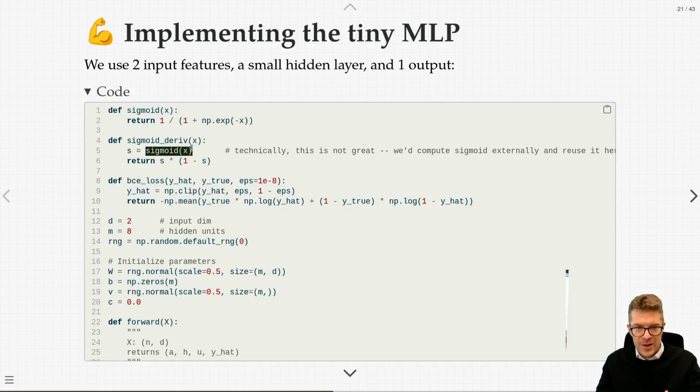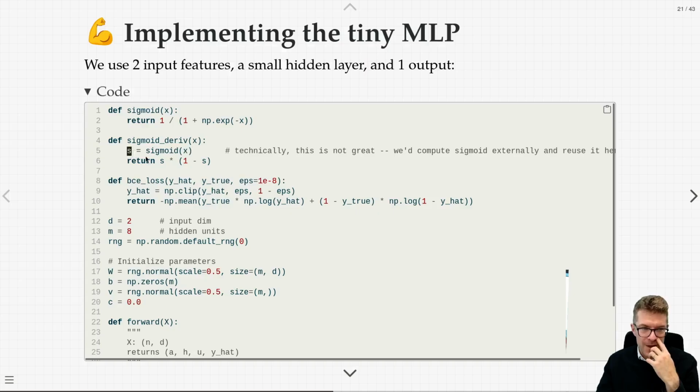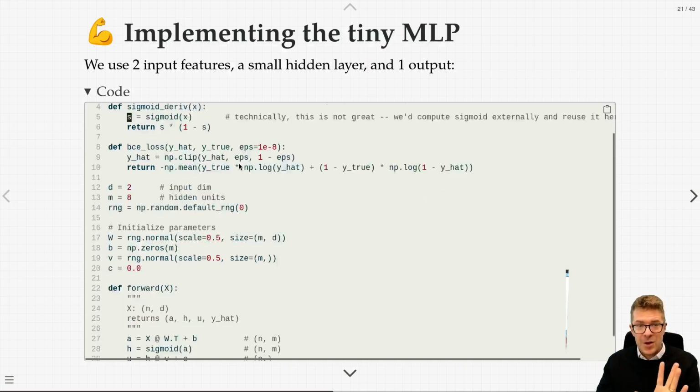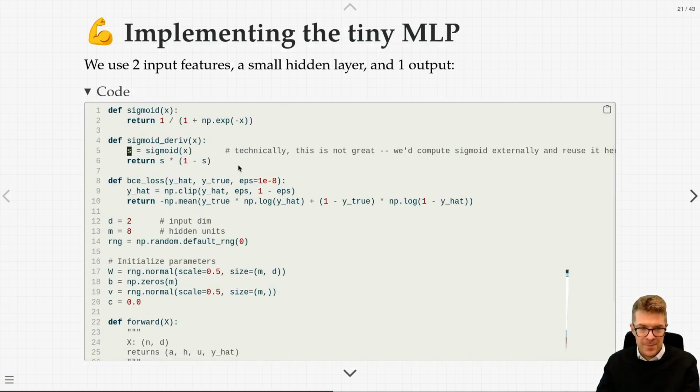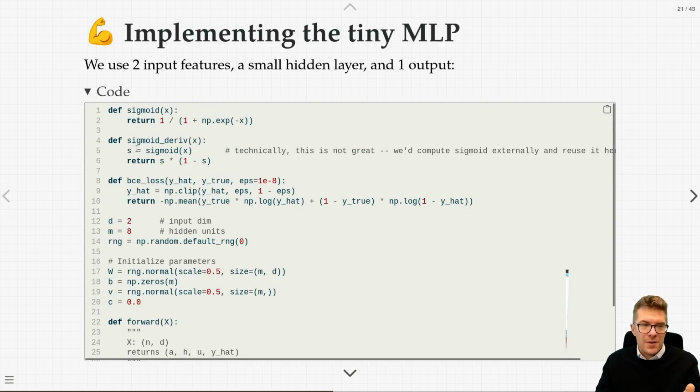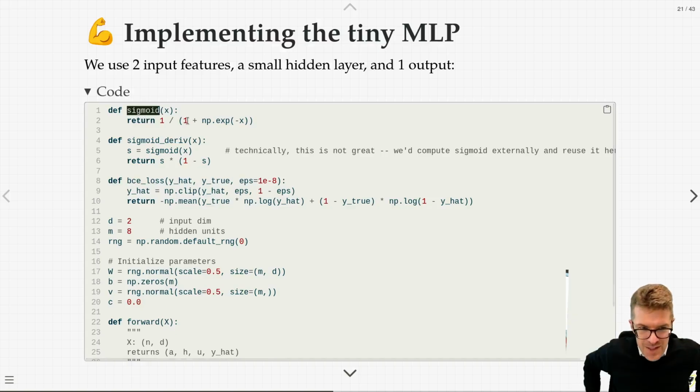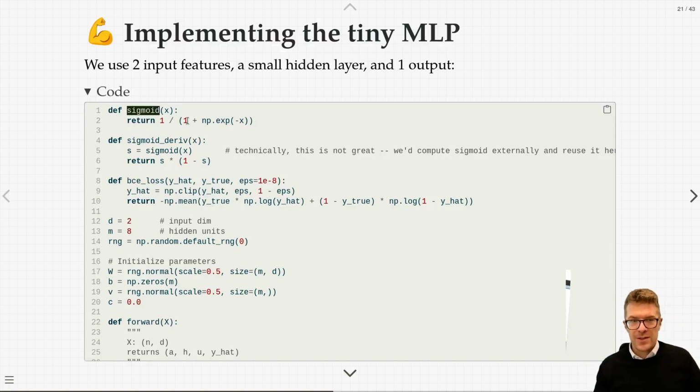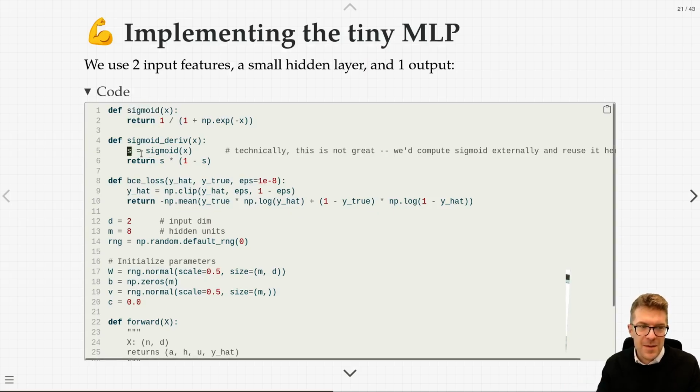In general, in a proper implementation of what I'm talking about, this will all be stored in some big matrix. But for simplicity in terms of the code, I'm not going to do that. So we have to compute S by running the sigmoid again. Again, I'm spending too much time on this. There are more efficient ways of doing this, and more efficient is always better, with caveats, I guess.